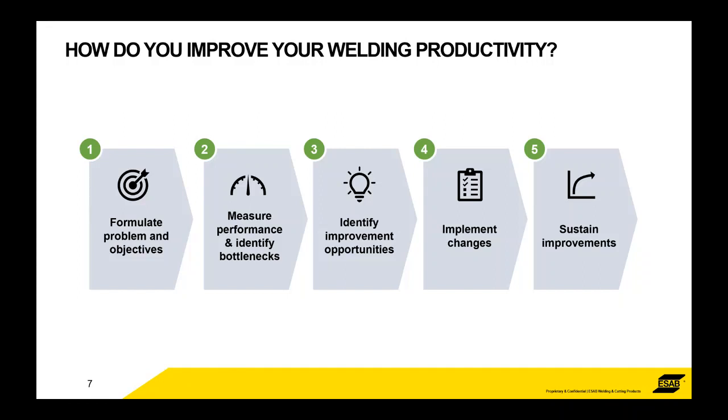Number 3 is to identify the improvement opportunities that you might have then. 4 is to implement those changes. And 5, which is often forgotten but very important, is to sustain these improvements over time. And what we will do during the coming presentation is more or less to go through each and every step here.